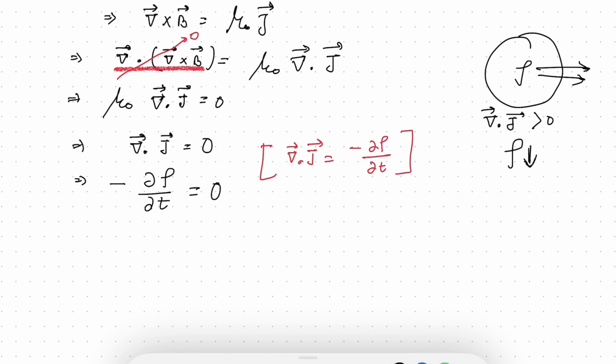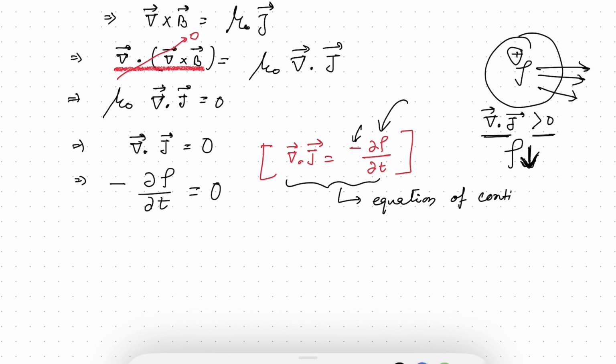When the current flux is in the outward direction, if there is positive charge, then we consider del dot J is greater than 0. In that case, this charge density will decrease. So that's why this minus sign comes here. Hope you have understood this, and this is called the equation of continuity.